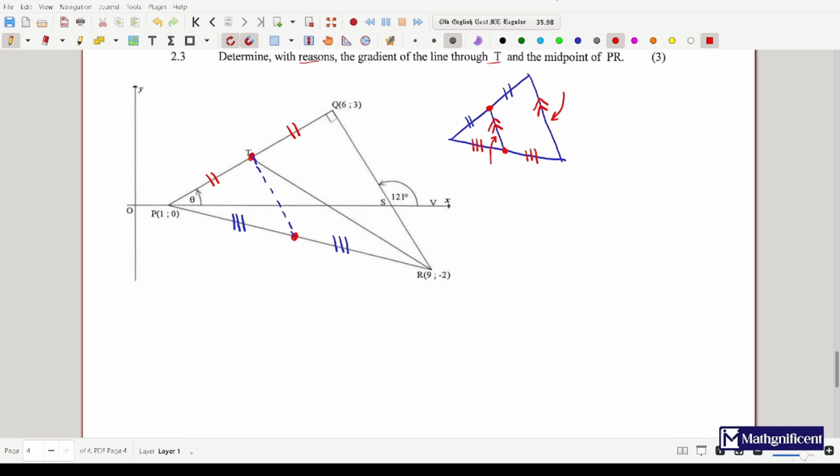But what we are interested in for this question is the fact that this is going to be parallel to this, right?